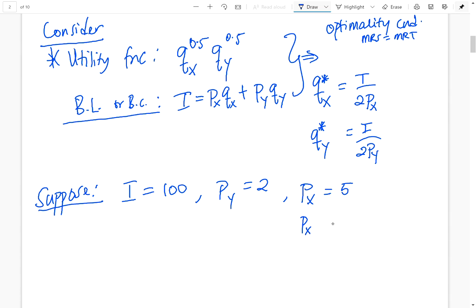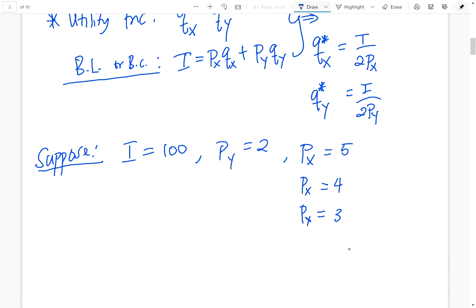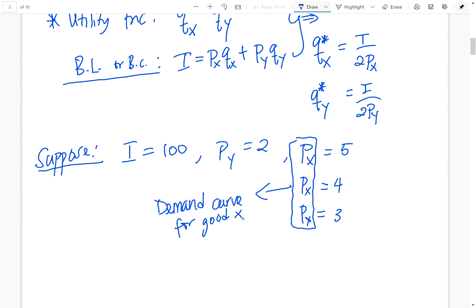We also have that the price of good x could be equal to 4, price of good x equal to 3. Now at this point, we see that the price that's changing is the price of good x, which implies that we want to draw the demand curve for good x. So remember, the demand shows us how quantity demanded of good x changes as P of x changes. Right, so that means that everything else is held constant. We're going to keep I and P of y, income and price of good y, constant.